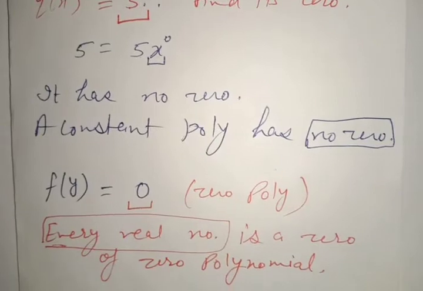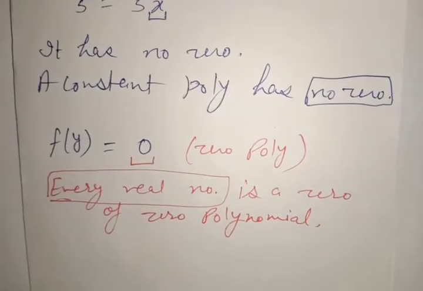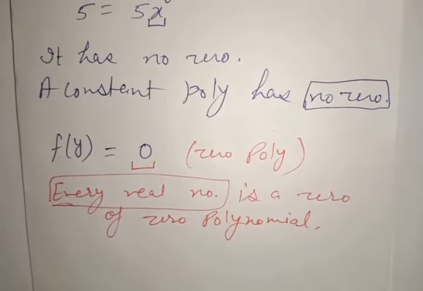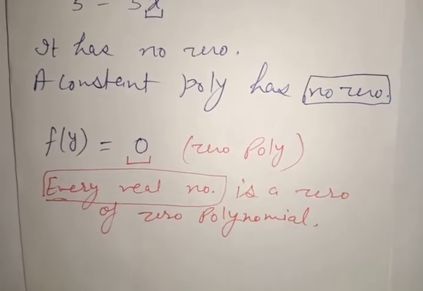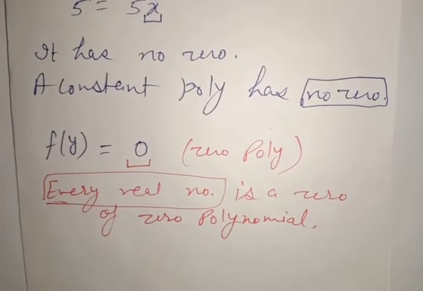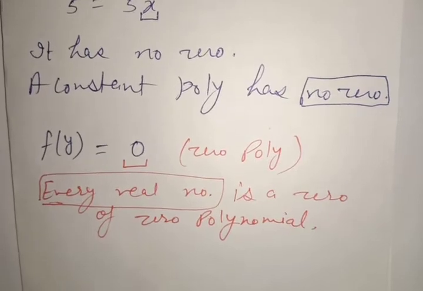If an exam question comes, write the zero of a constant polynomial, then you will write no zero. And if the question is find the zero of a zero polynomial, then you will say every real number is a zero of the zero polynomial.